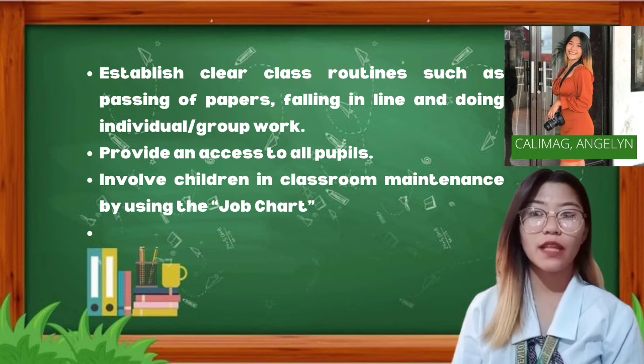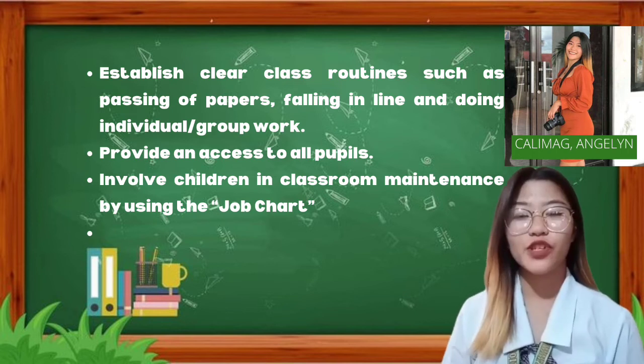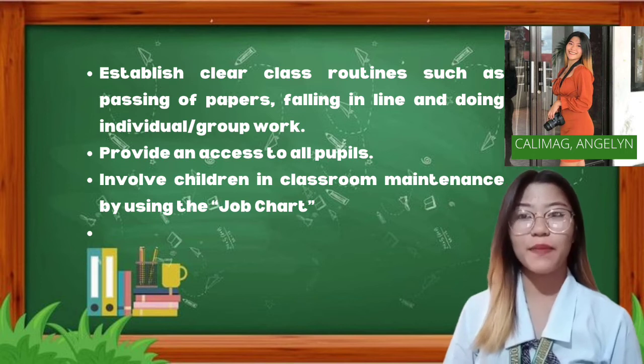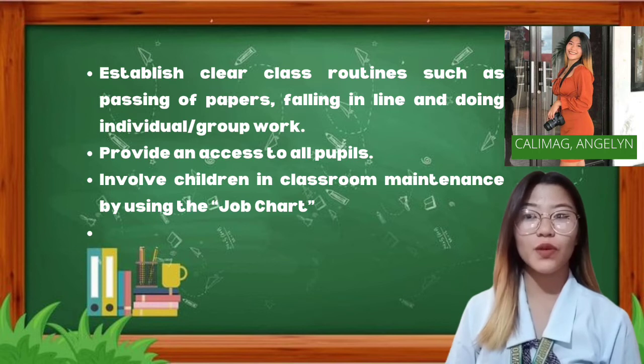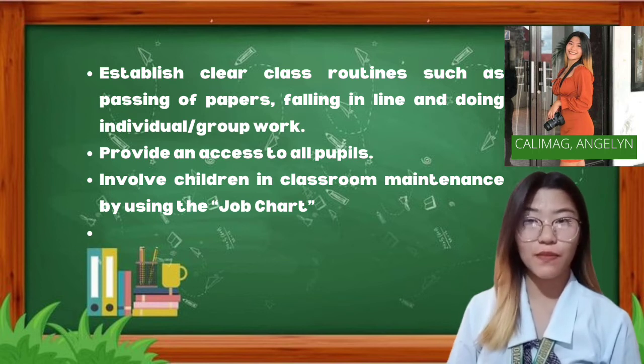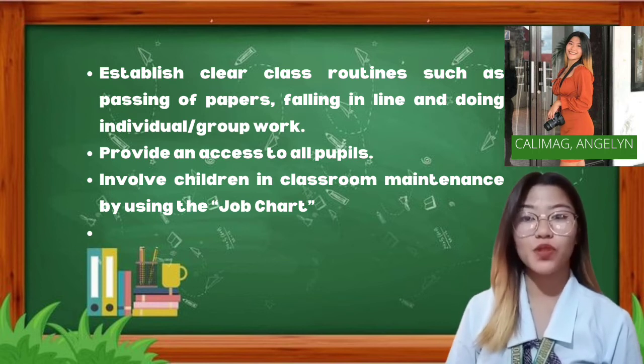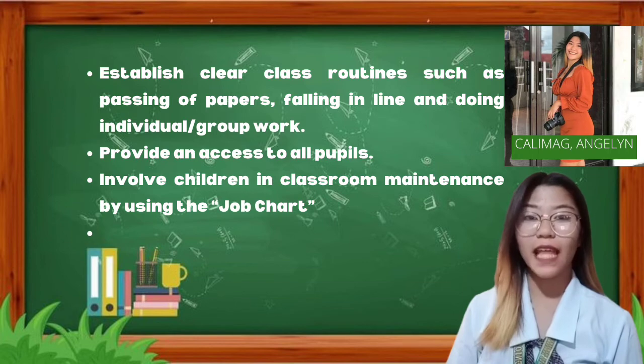Enable educators to have access to all pupils. Involve children in classroom maintenance by using the job chart. Young learners need to know how to complete their classroom responsibilities, and job chart will encourage them to work hard and take pride in their work, as well as making day-to-day classroom activities easier for them.